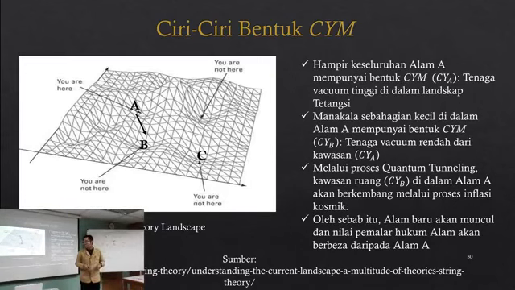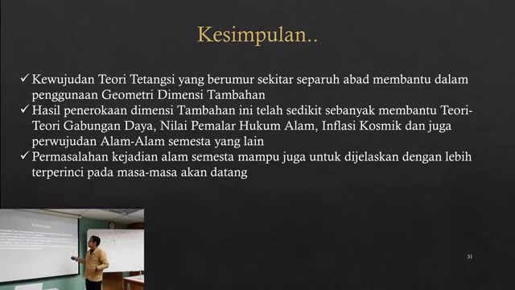Okay, and we come to the end, kesimpulan, di mana kita tahu bahawa dengan kewujudan teori tetangsi yang berumur sekitar separuh abad, lama dah orang duk cari ni, but kalau kata lagi lama lagi hebat kan, kira tak stop, continue until now, maksudnya hebat teori tu. Okay, membantu dalam penggunaan geometri dimensi tambahan. Hasil penggunaan dimensi tambahan juga telah sedikit sebanyak membantu teori gabungan daya ataupun unification.